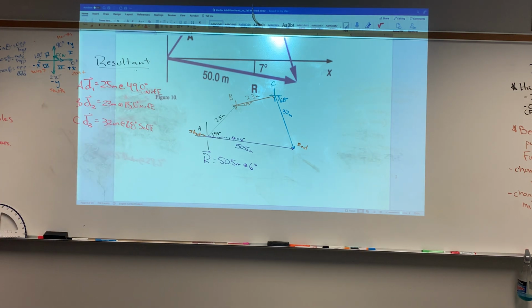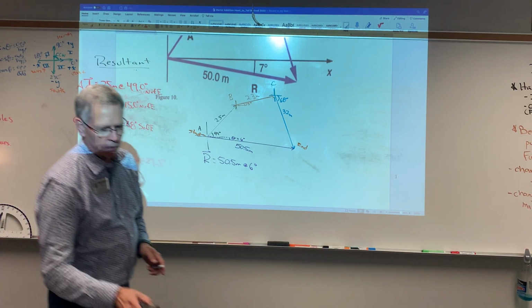That's a little outside the margin of error, but my protractor only measures to the nearest 5 degrees, so that's pretty good. Your protractors measure to the nearest whole degree, so yours should be fairly close. All right, so that's the graphical method of vector addition.